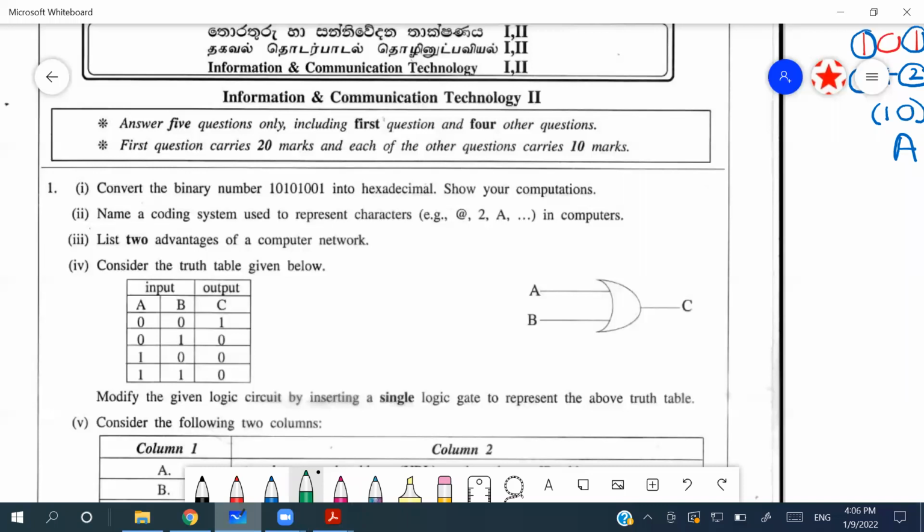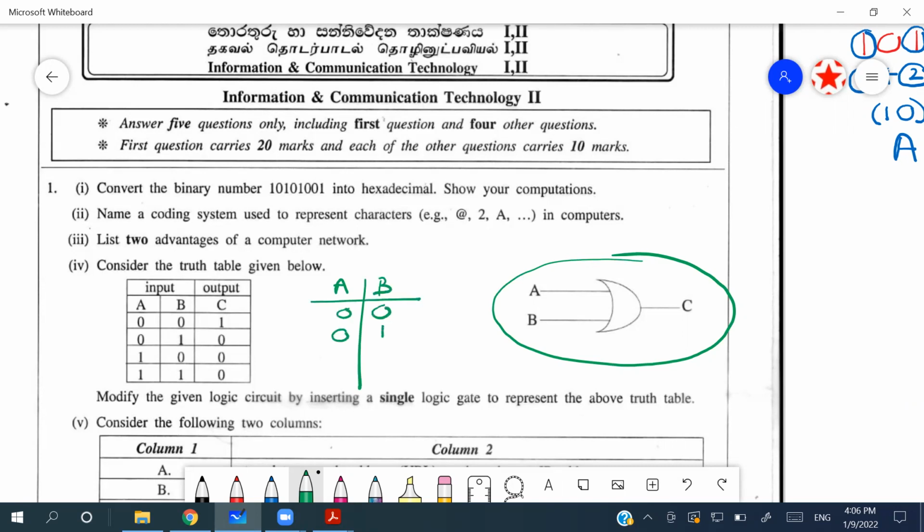And in the 4th one, consider the truth table given below. Modify the given logic circuit by inserting a single logic gate to represent the above truth table. What we are provided with is an OR gate. How does an OR gate work? When A and B are given, A OR B is indicated by 0, 1, 1, 1.